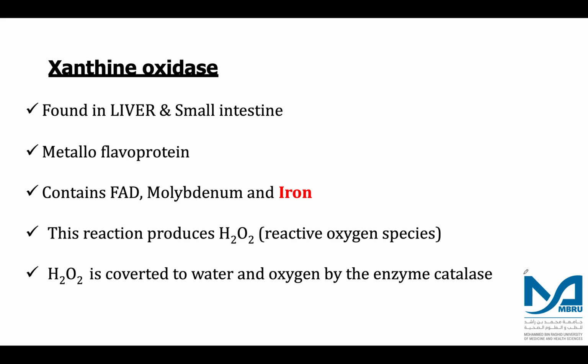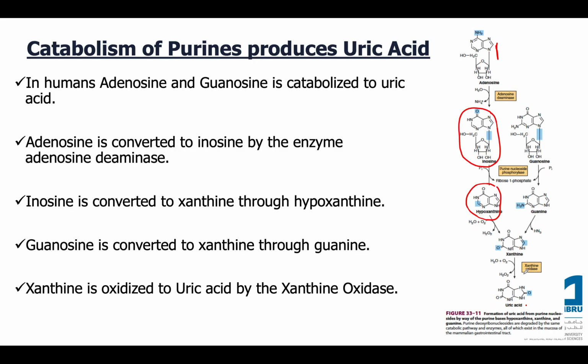Now, as I mentioned previously, xanthine oxidase is the enzyme that is responsible for catalyzing the conversion of xanthine to uric acid, and this particular enzyme is therefore a target for drugs that are used for attenuating the formation of uric acid or inhibiting the formation of uric acid.